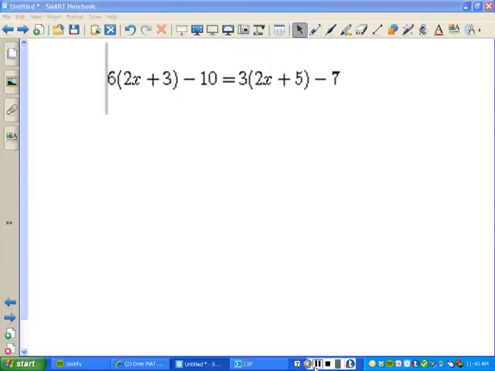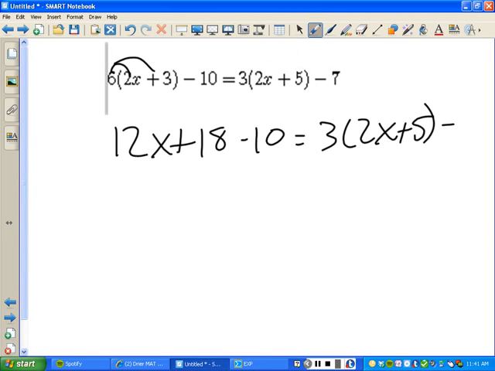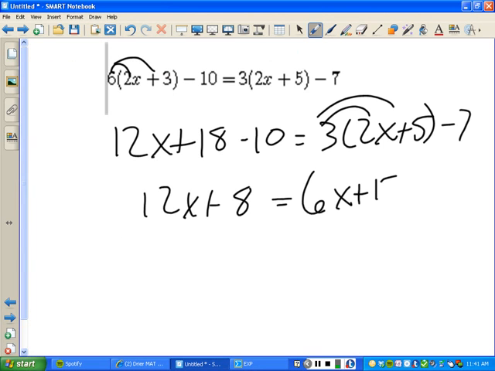I proclaim that this is the hardest of them all, and it's because of what happens at the very end. This goes a little bit haywire at the end. You're distributing. You're feeling good about yourself. You're like, yes, I'm a mathematical rock star. Yeah, not so much. Okay. And life is good here. 12x plus 8 equals, we'll go ahead and distribute, 6x plus 15 minus 7.